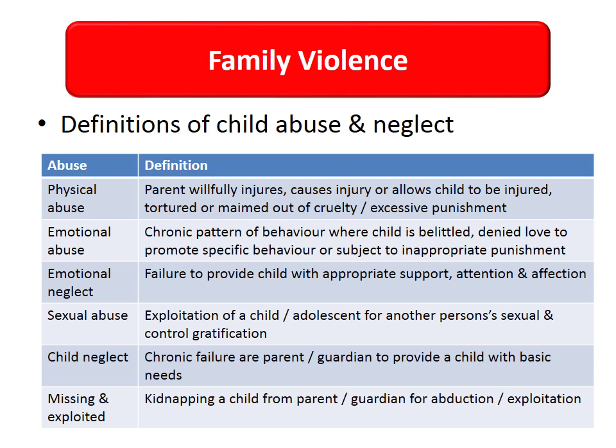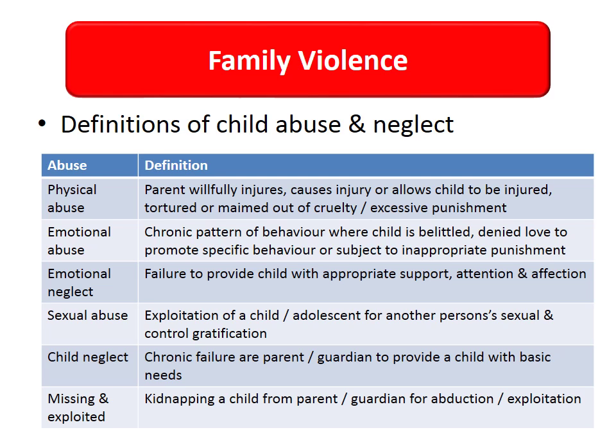Sexual abuse, on the other hand, is defined as the exploitation of a child or adolescent for another person's sexual and controlled gratification. The fifth category, child neglect, is defined as the chronic failure of a parent or guardian to provide a child with their own basic needs.